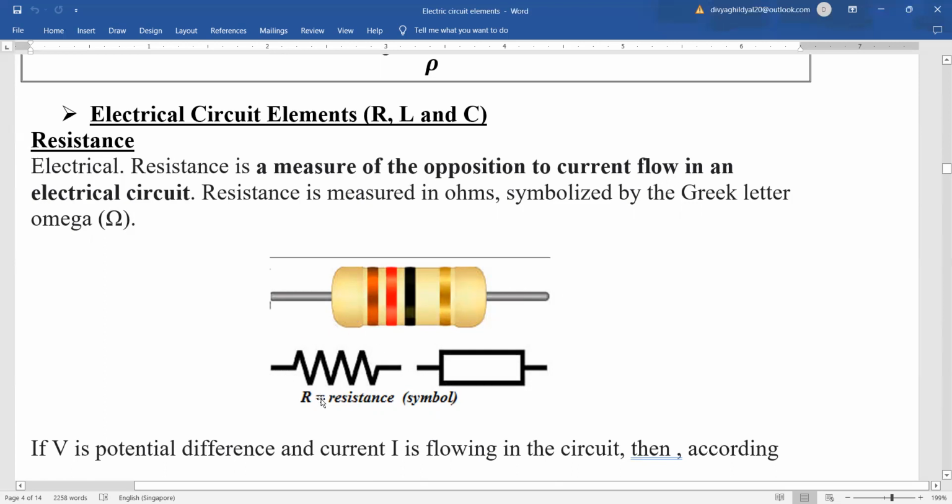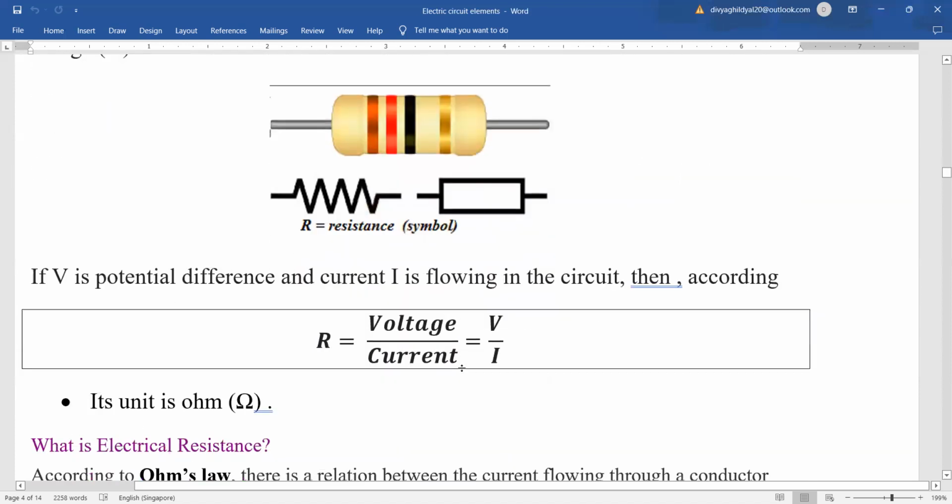And in electric circuits, this sawtooth type symbol represents resistance. At times, even this symbol is used in your numerical circuits which you get to solve. So, if V is potential difference and I is current flowing in the circuit, then resistance is defined as the ratio of voltage to current.